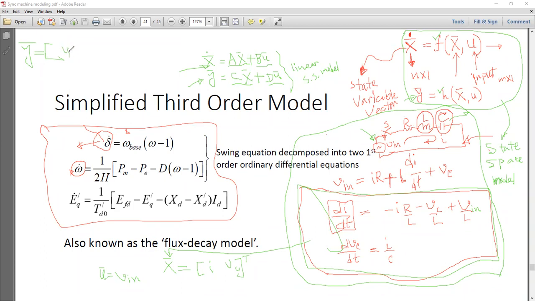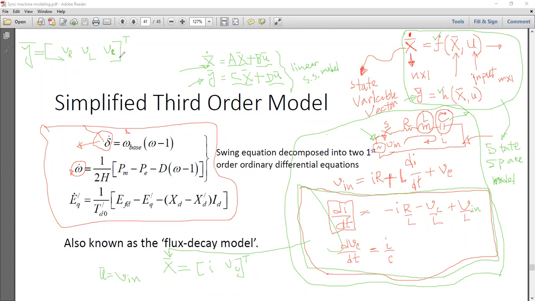So I can say V sub R, then V sub L, and V sub C. Okay, no problem. Up to this point, there is no problem, since already we have taken VC in the X vector. Yes. Okay, so it's fine, no problem with this.